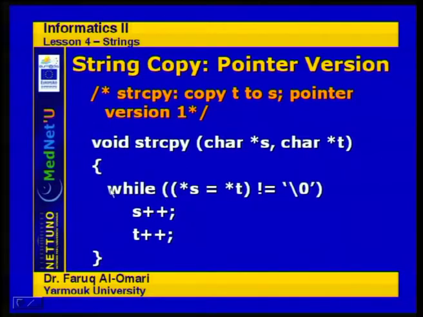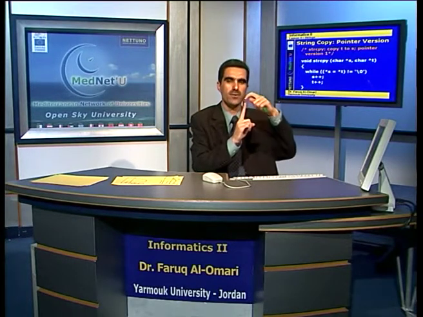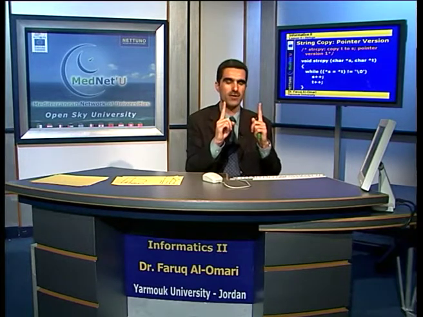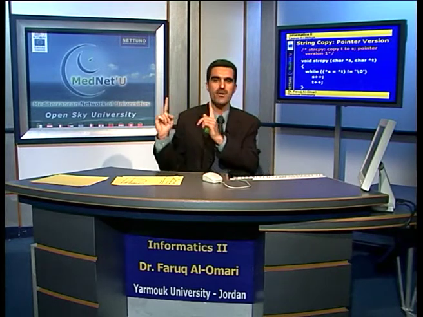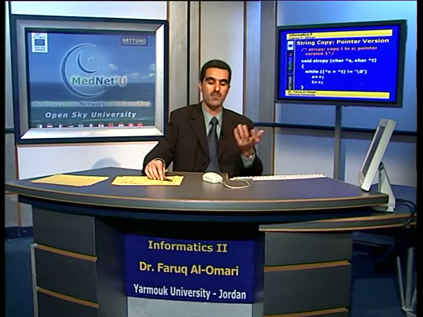Do that as long as I don't encounter the null character. And each time, increment your source and destination pointers. So S and T start at the very beginning, and each time I take whatever is pointed by T, put it in whatever address is pointed by S, and then I increment both pointers to go to the next location, and so forth. I keep incrementing till I encounter the null character, and that's where I terminate my loop.